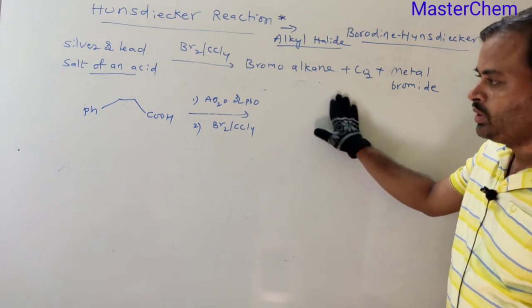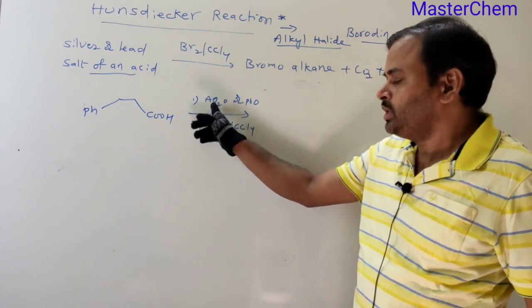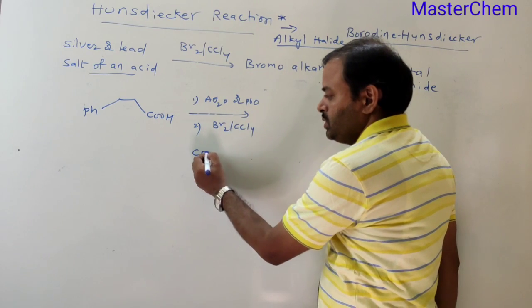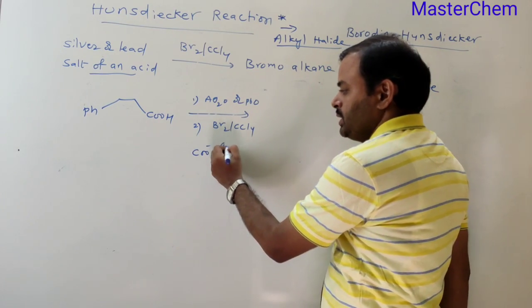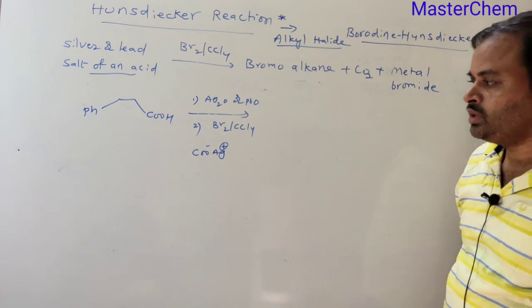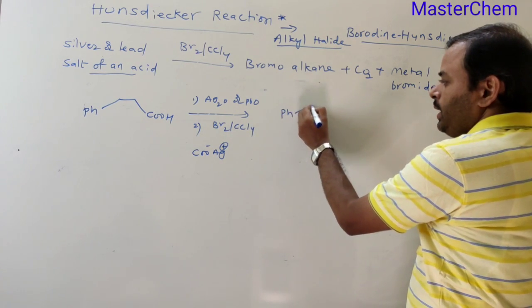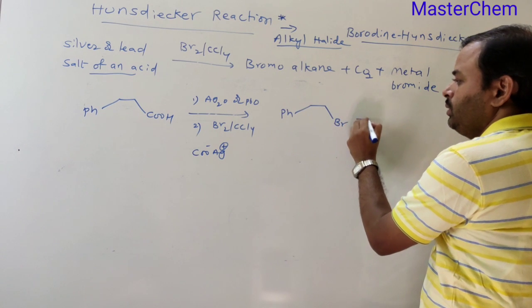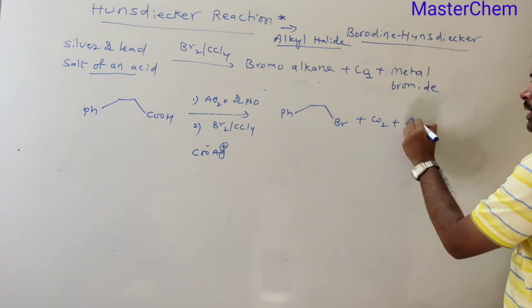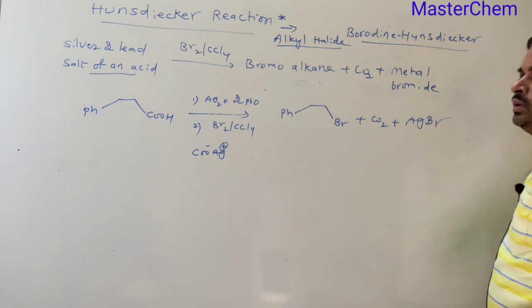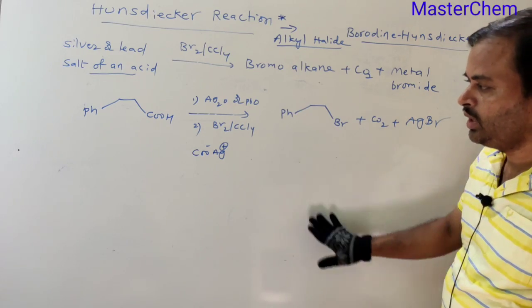First it converts into PhCOOAg. Next this converts into the alkyl halide PhBr plus CO2 plus AgBr. This is the Hunsdiecker reaction.